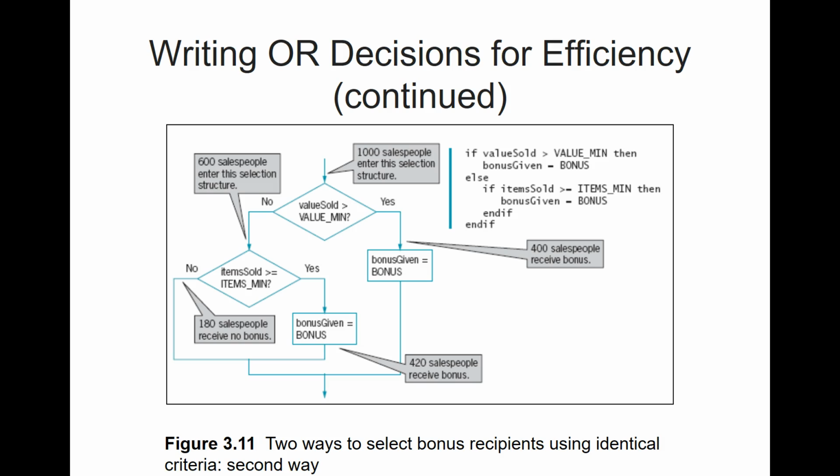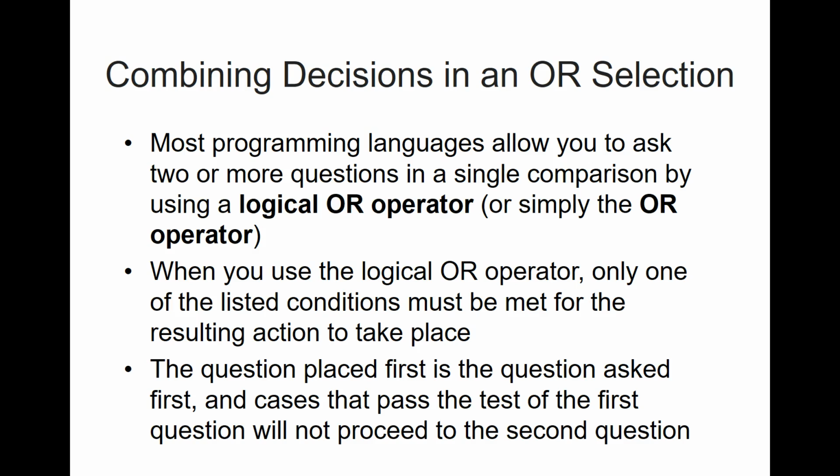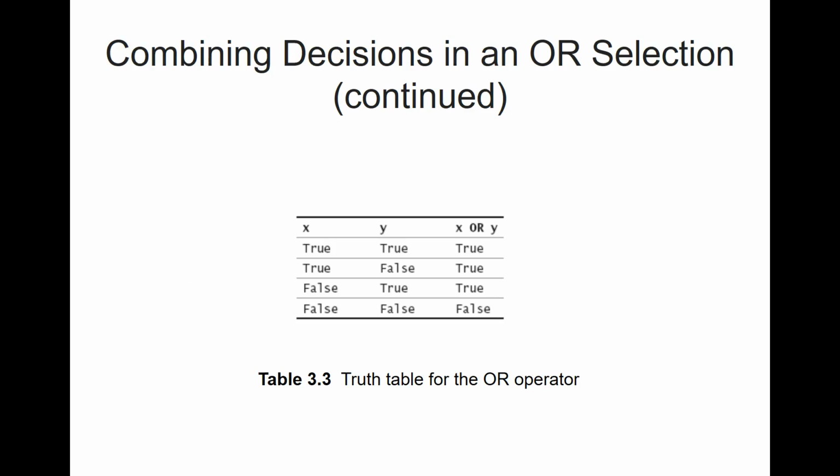So, just like the ANDs, we can put these together in multiple ORs. So we can write a truth table then for ORs. Truth tables for ORs look a little different.